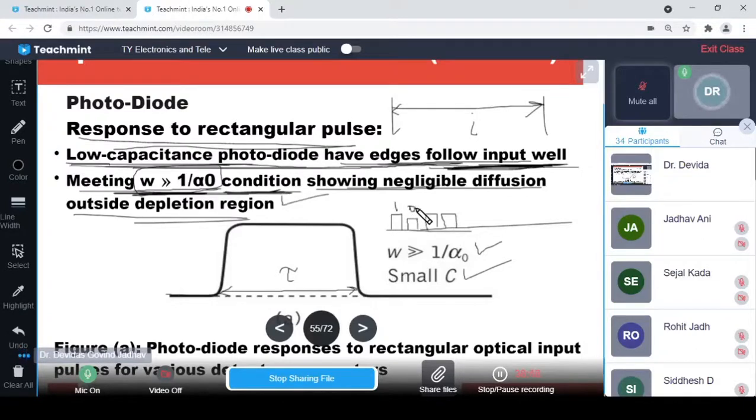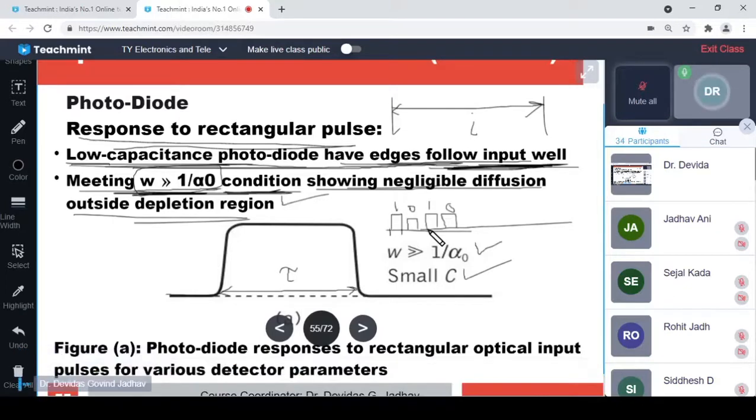This time for the pulse is important, because if the rectangular pulse increases its time at the output, then we have to keep a time gap between two pulses so that the two pulses do not mix with each other. That puts a limit on the data rate.